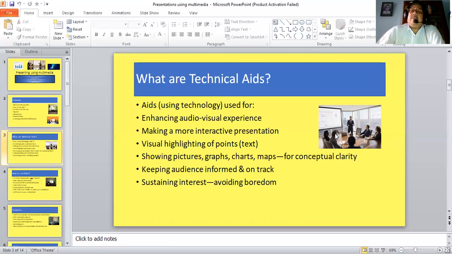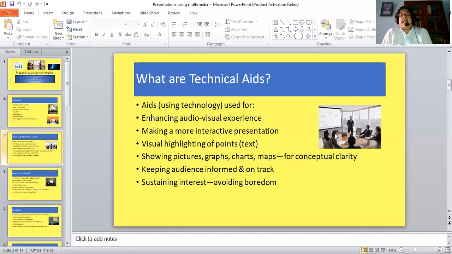Also, by way of showing us different pictures or images, moving images or films, footage, also graphs, charts, and maps for conceptual clarity, and also using all these illustrations to keep the audience continuously informed about what is happening and to keep them on track and to sustain the interest, which you must hold from the beginning till the end to avoid the audience getting bored.